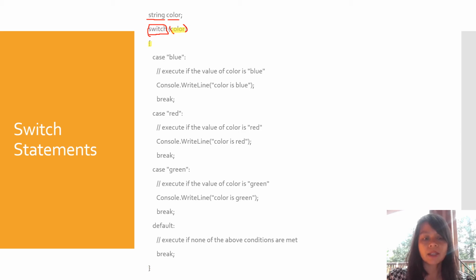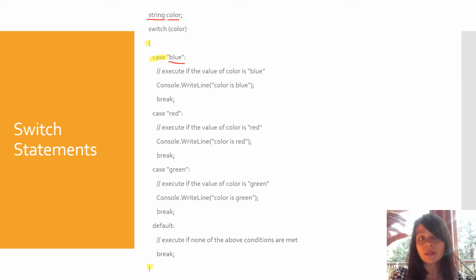I'll take all these markings away so you can read it. So what you have is switch, then the parentheses with the variable name inside. Then you have only one set of curly brackets, and inside it, you have all the cases. You start with the first case, so case, and then in quotation marks, blue, which is the value.